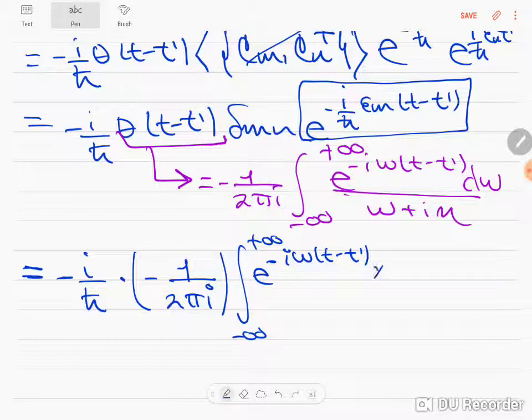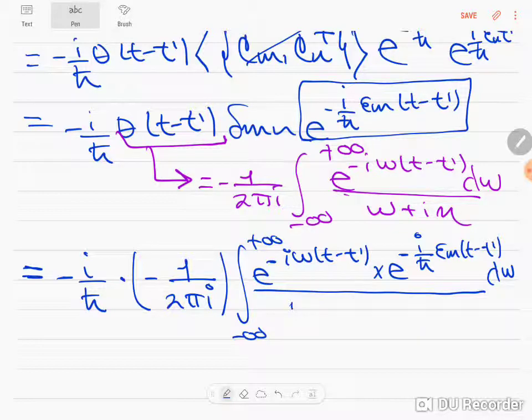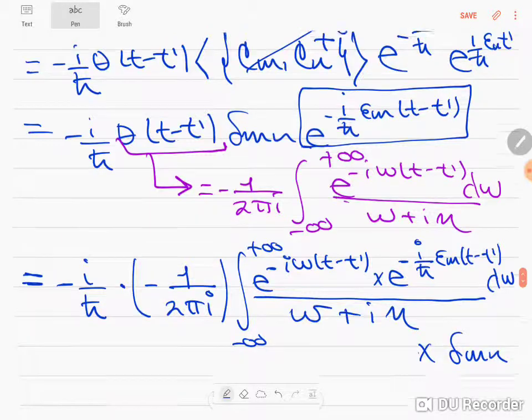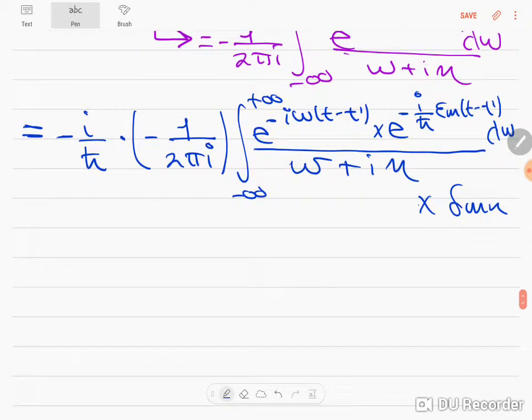So then I put times e to the minus i over h bar E_m t minus t prime d omega, all of this divided by omega plus i eta, and all of this times delta mn. We cannot forget that, that's quite crucial here.